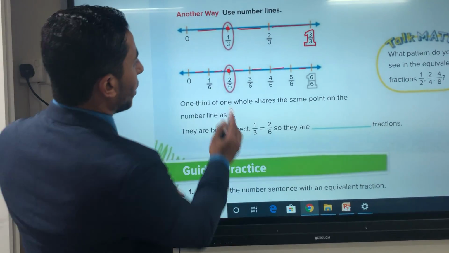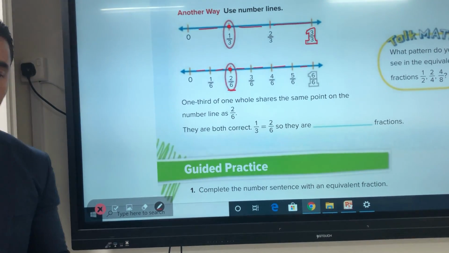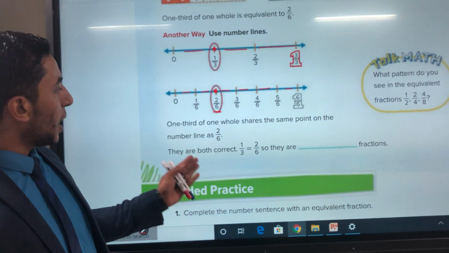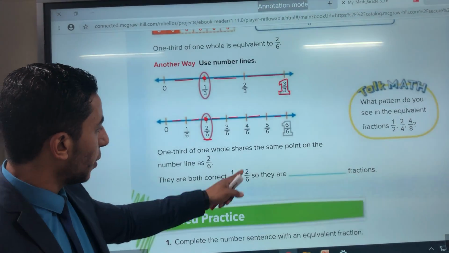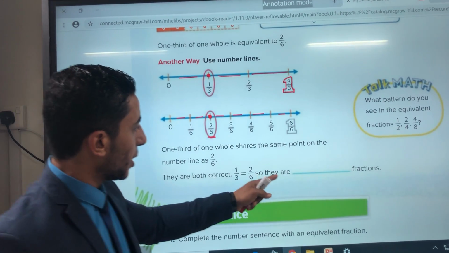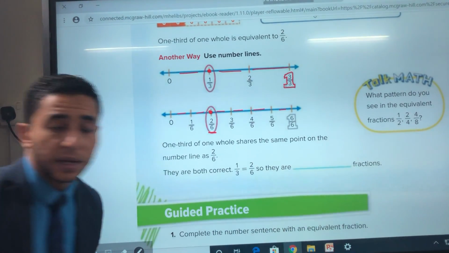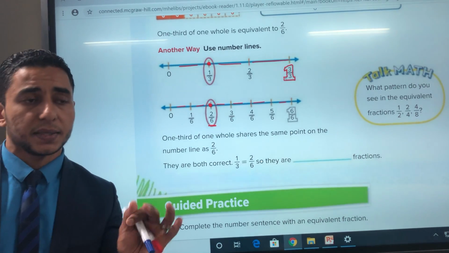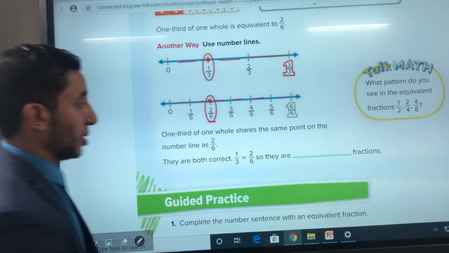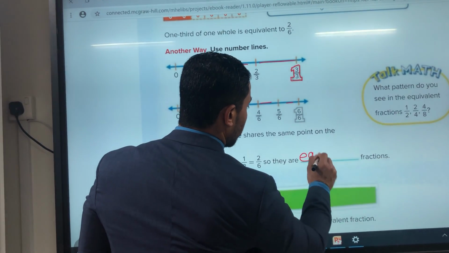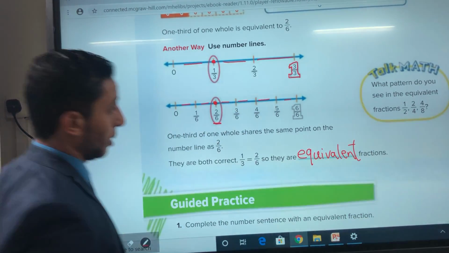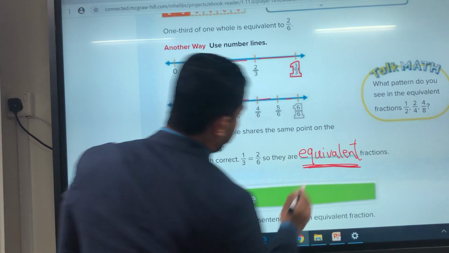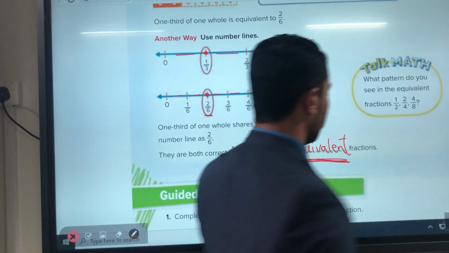So 1/3 equals 2/6. They are both correct because 1 over 3 equals 2 over 6. So they are what? Yes, equivalent fractions. It's a very important word.